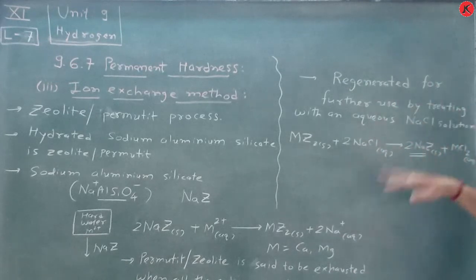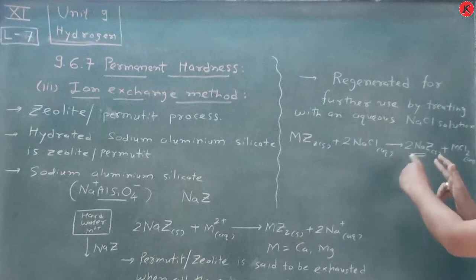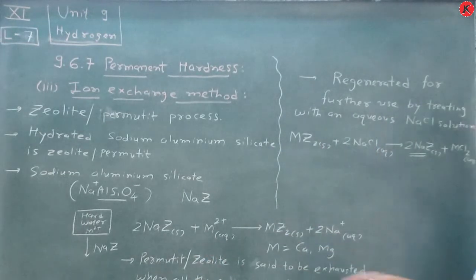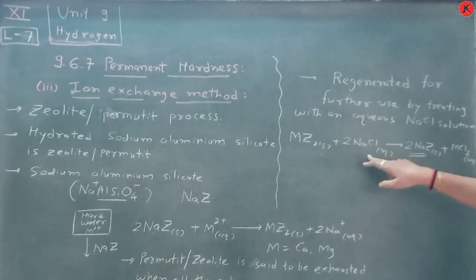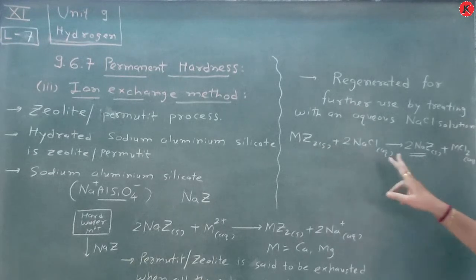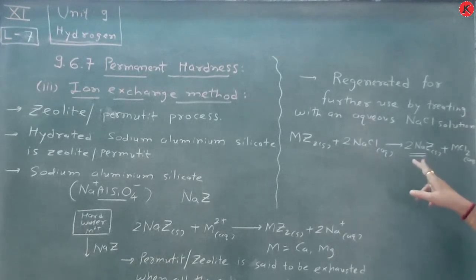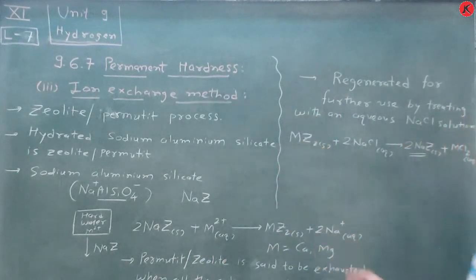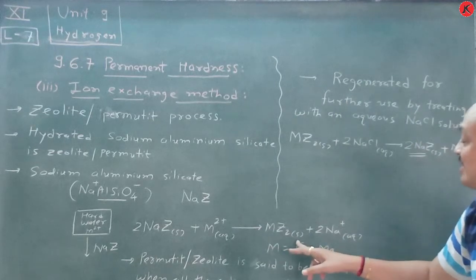This method is beneficial because we get NaZ again, and this NaZ is treated once again with M+2. So a cycle is there, and MZ2 is produced.